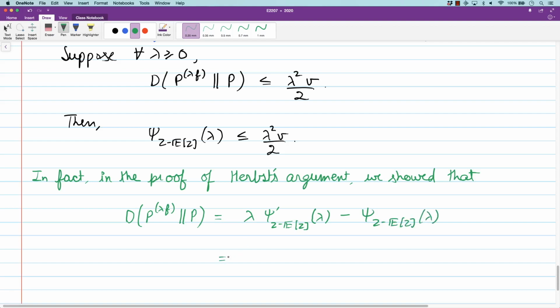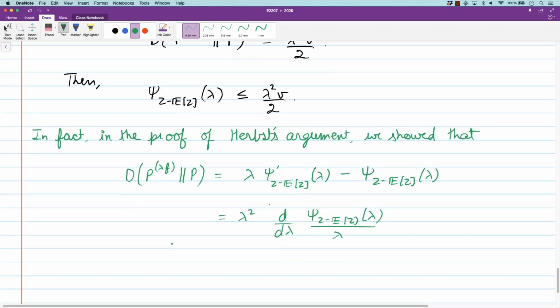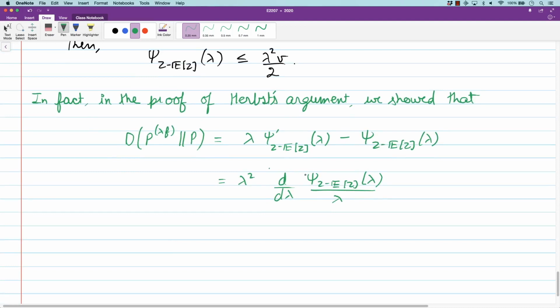So you can take out lambda square, and what we can observe, something we observed in that proof, is the derivative of this ratio with respect to lambda. So you can see that this is the same as saying that if you have this tilting along f, take this divergence from p, divide by lambda square, and take this integral from 0 to lambda.